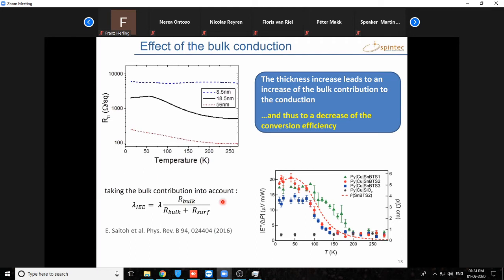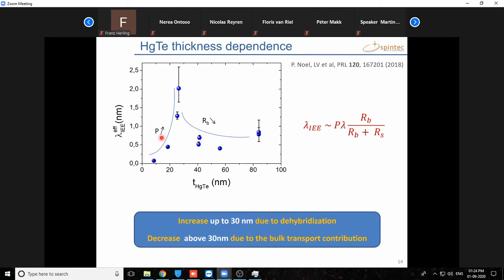So to sum up, we have first an increase of the signal that is due to the decoupling of the top and bottom surfaces, leading to an increase of the effective polarization.